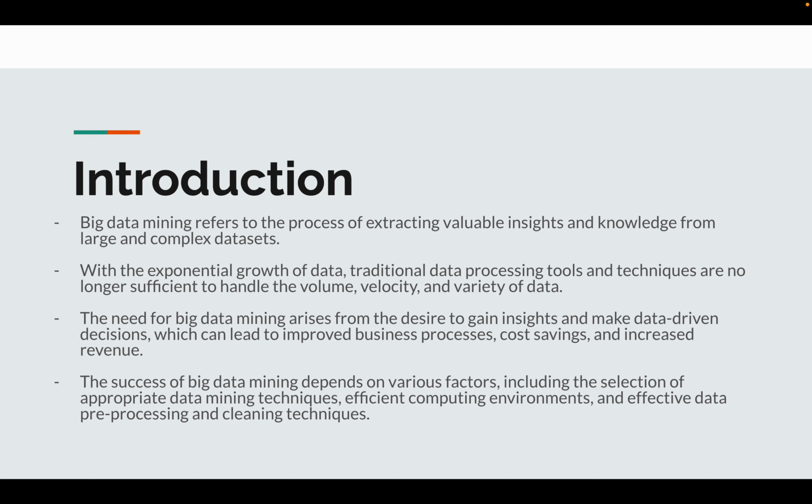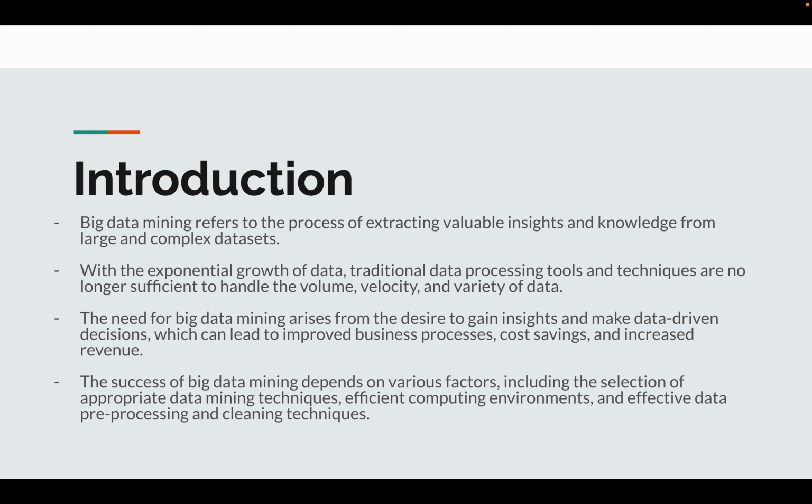The field of data mining has seen significant growth in recent years due to the rapid increase in the amount of available data. From various sources, many companies are collecting huge amounts of data.